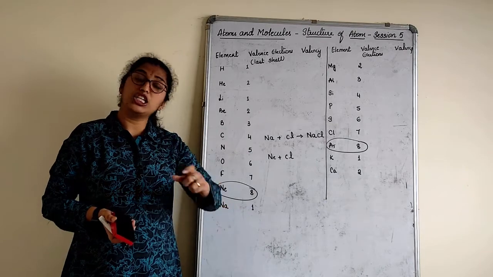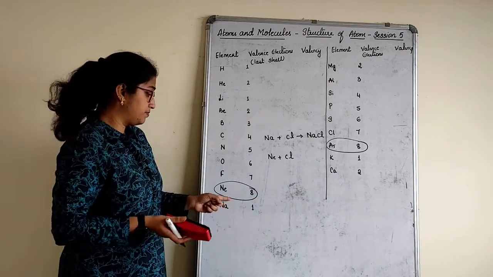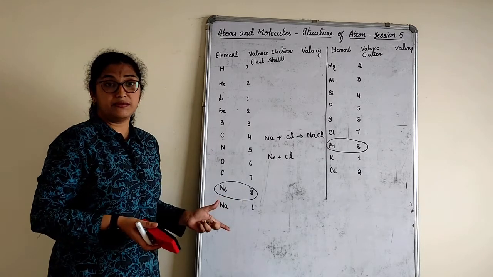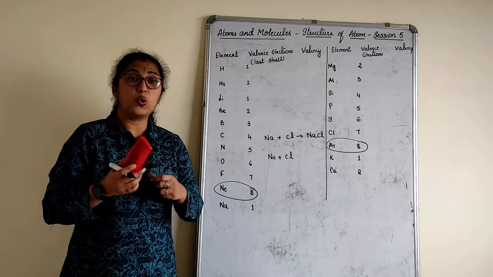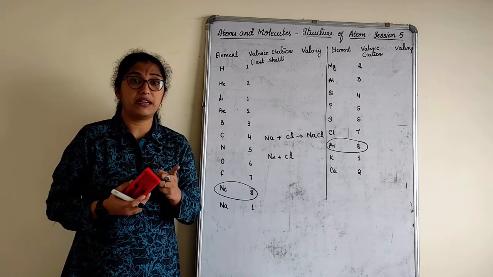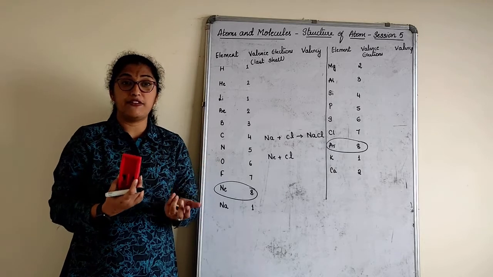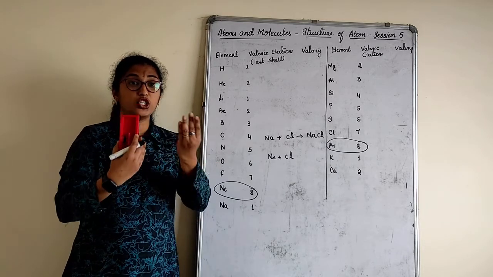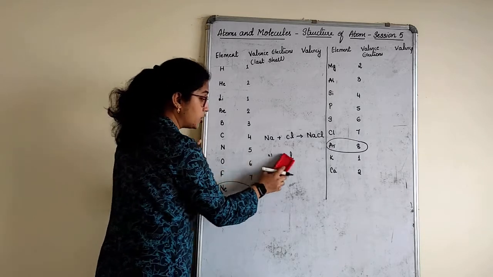In a chemical reaction, it will not take part. Why will it not take part? It is already filled, right? It is sufficiently filled. It is a stable element. Only unstable elements will take part in chemical reactions because they can exchange ions among themselves. Elements which can exchange ions among themselves will only take part in the chemical reaction.